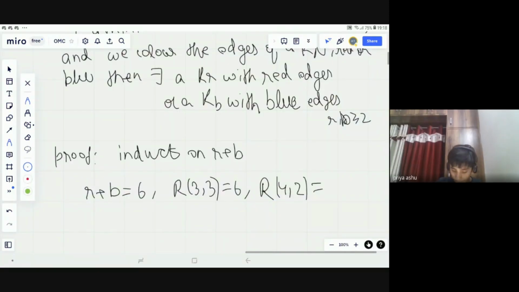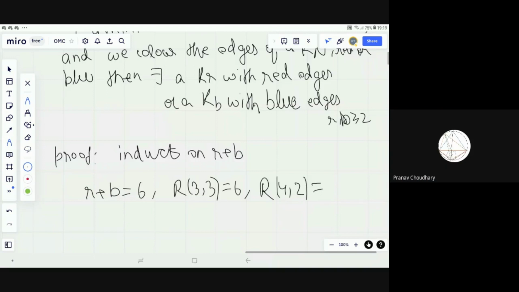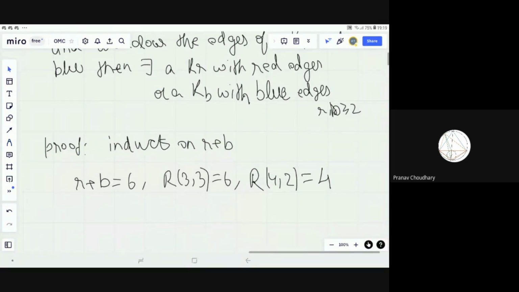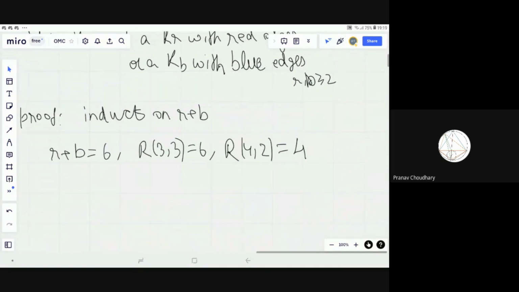Okay. So what can be the value of R of 4 comma 2? 2? Are you sure? 4 works, I think, right? Yes, it does. So why? Because if you have, let's say, fewer than 4 vertices, just take everything as red.